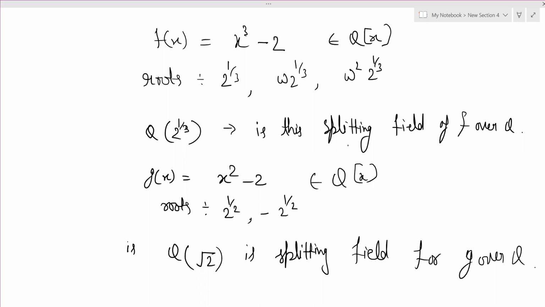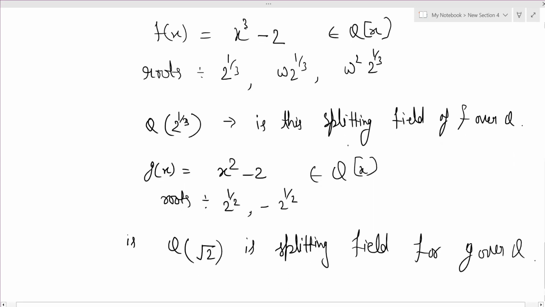Are you getting the definition? I will tell you more precisely, but this is the intuitive way. It is the least degree field extension in which the polynomial can be written as a product of linear factors: (x minus root 2)(x plus root 2), but those two factors are not in Q[x].